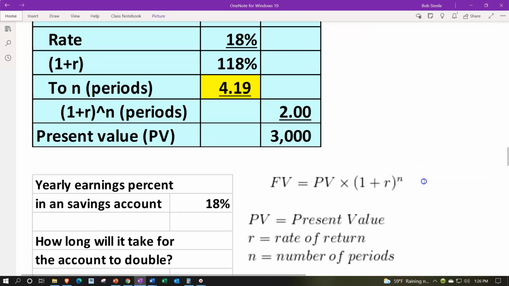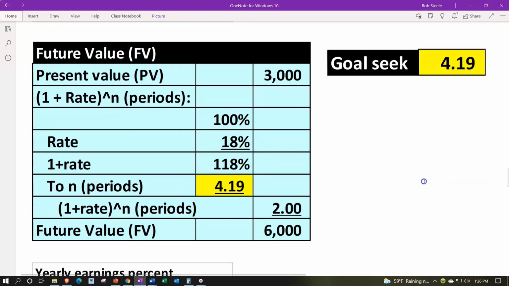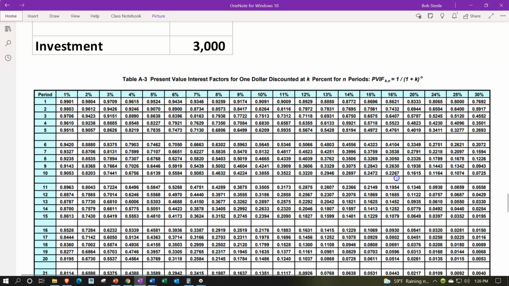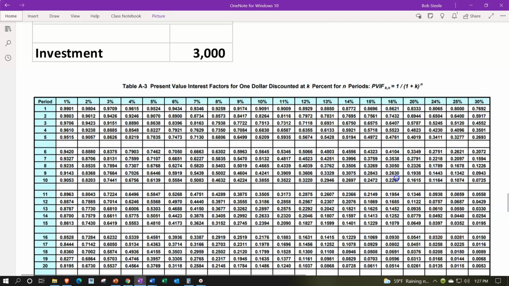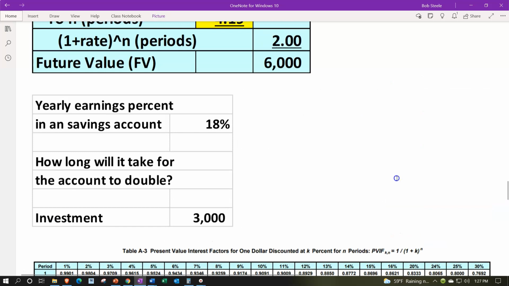So if we scroll down, we have 4 tables. I won't show the 4 tables, but just note that there are 4 tables you want to keep in mind: 2 present value tables and 2 future value tables. Each of those categories has 1 annuity table, which represents a series of payments, and 1 non-annuity table, or a 1 value table, which has 1 payment that's either future or present value.